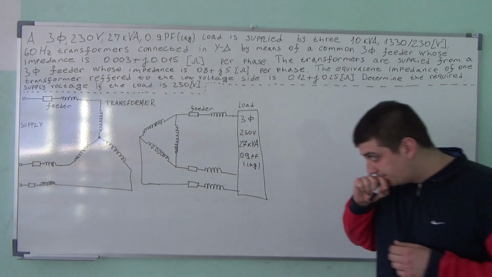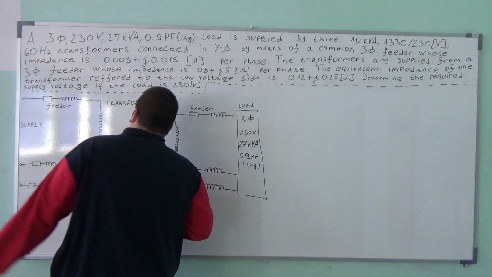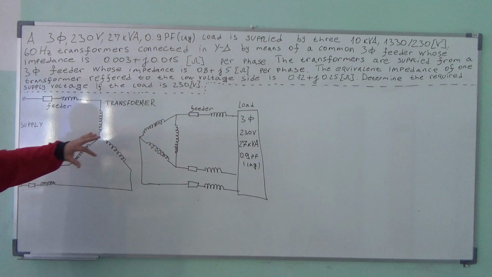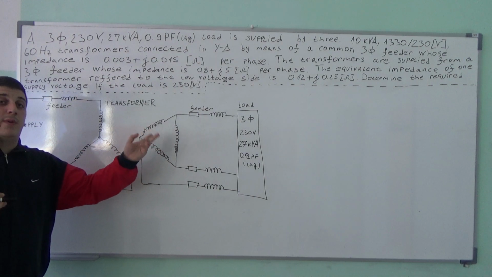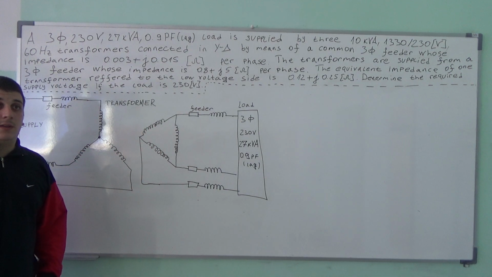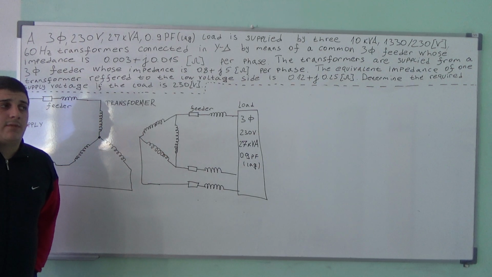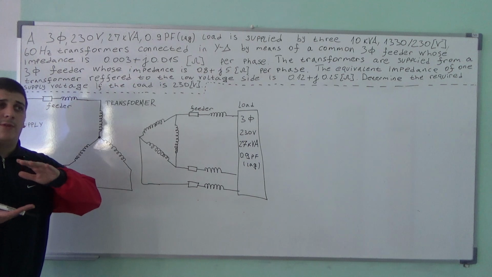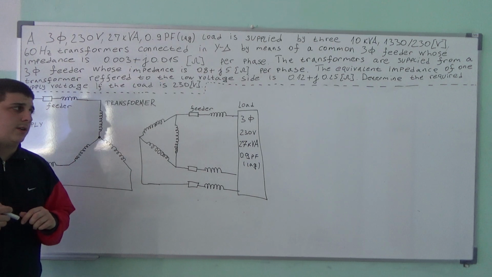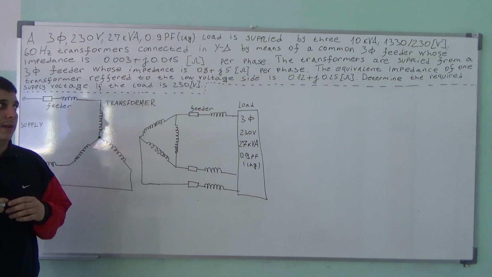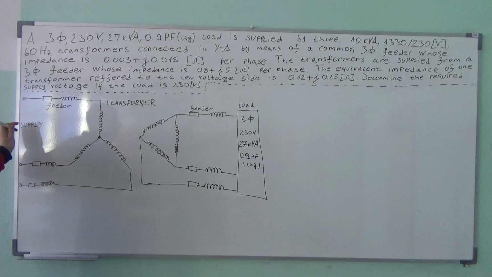Okay, so in order for us to do this particular example, we need to transform this delta into a Y connection. We did that in the 18th video, and then we are going to make a single phase equivalent circuit. So from a single phase transformer, we know what the supplied voltage on the primary side is.